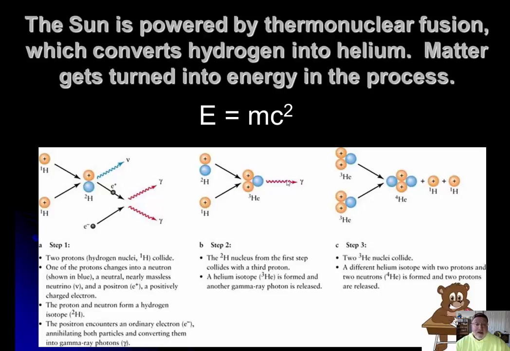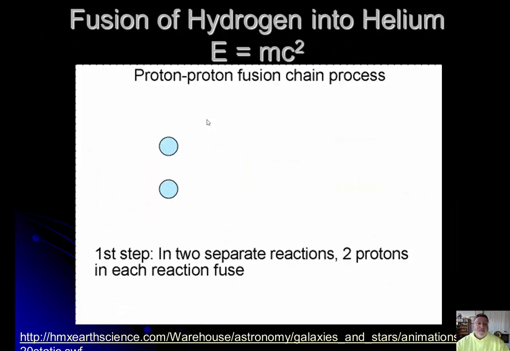And we lose a little bit of mass, as you can see, going out here. And this is what E equals mc squared is: energy is equal to the mass lost times the speed of light squared, 186,000 miles per second squared, times the mass that's lost, which produces tremendous amounts of energy.